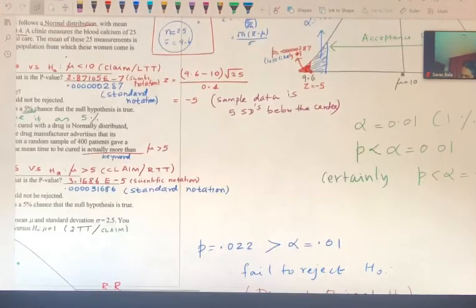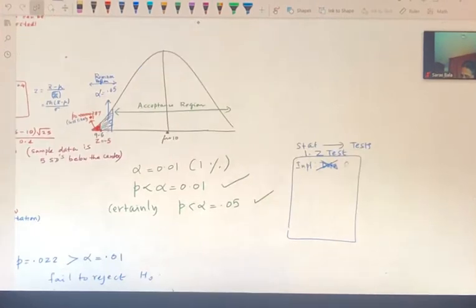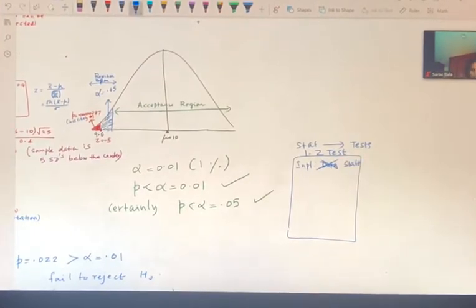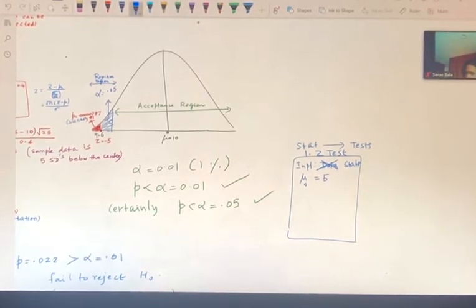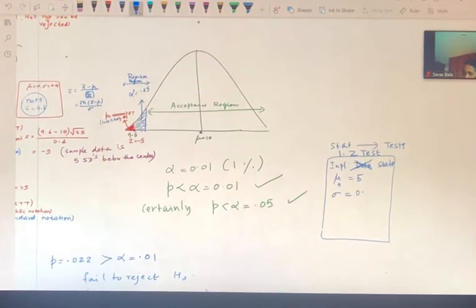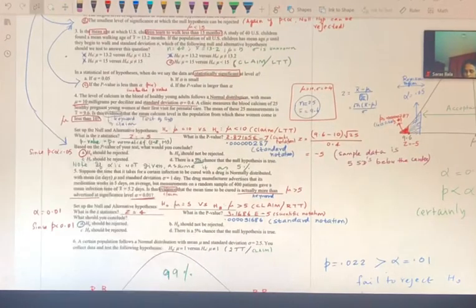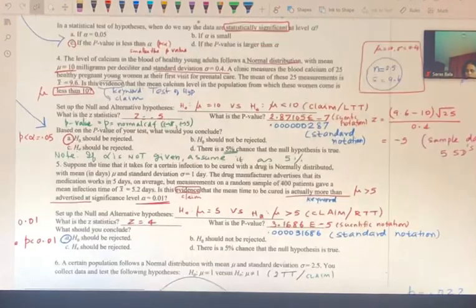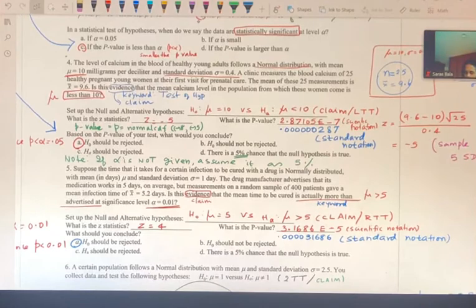So here I'm going to be using the stats. Move the cursor down. The mu sub 0 value is 5. And then you plug in your sigma value, which is 0.4. So I'm just picking all the numbers from my problem. Take your TI and make sure you understood everything.